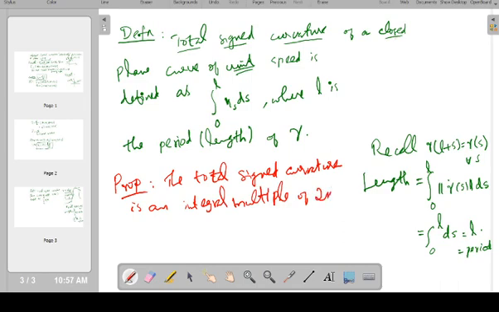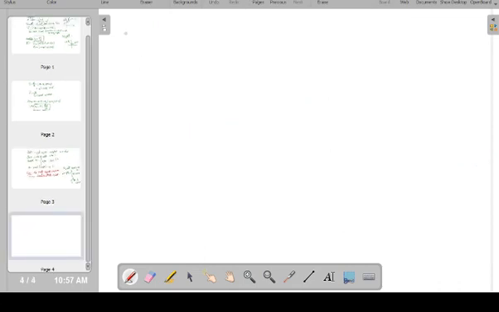Integral multiple of 2 pi. So to prove this, assume L is the length of gamma, where gamma is unit speed.